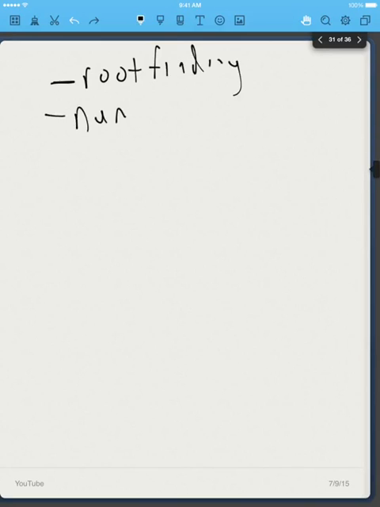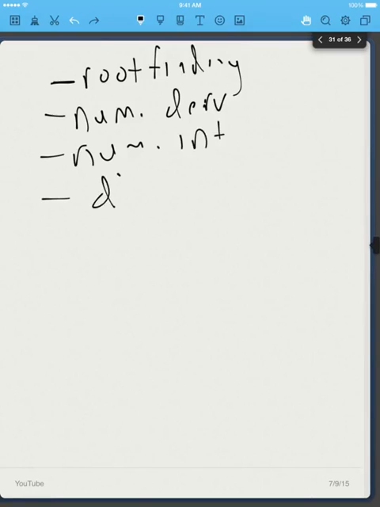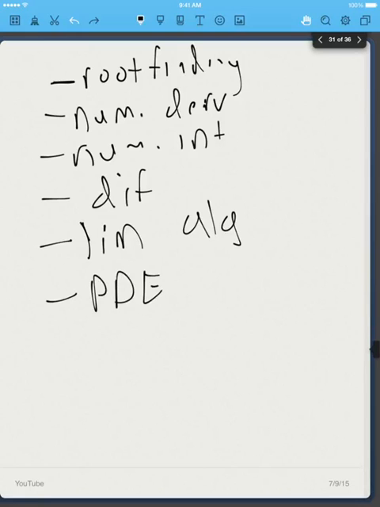There's tons of interesting things in numerical analysis, but what I really want to talk about overall is root finding, numerical derivatives, approximating derivatives numerically, the same thing with integration, differential equations, linear algebra, PDEs, etc.